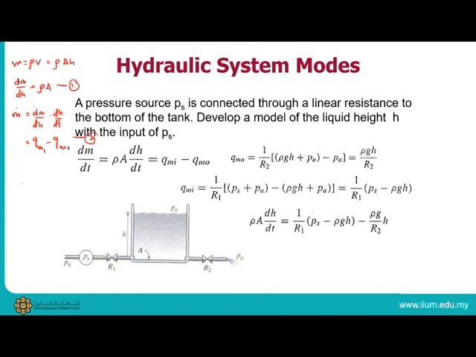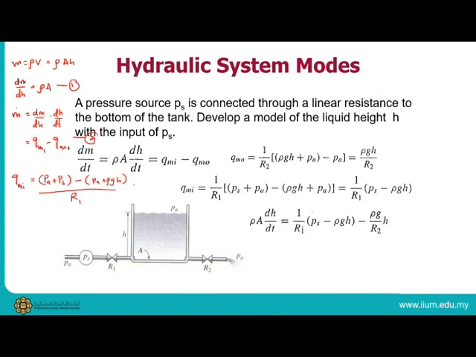Next you need to find Qmi, which is equal to Ps plus Pa minus Pa plus rho g h, over R1.